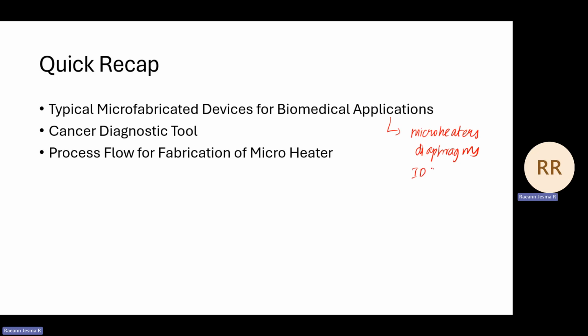IDE is interdigitated electrode. The device that is used for the biomedical application contained a combination of these three. Here we also saw how to fabricate them and what are their applications.